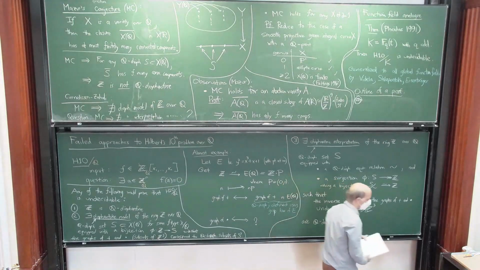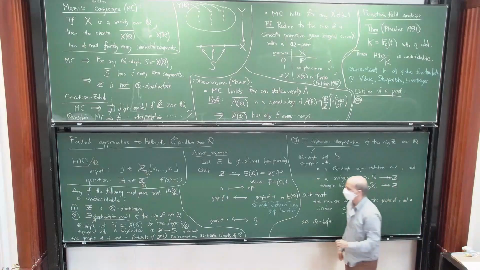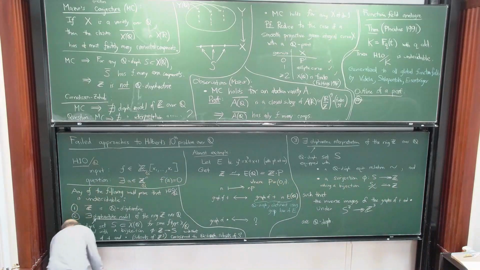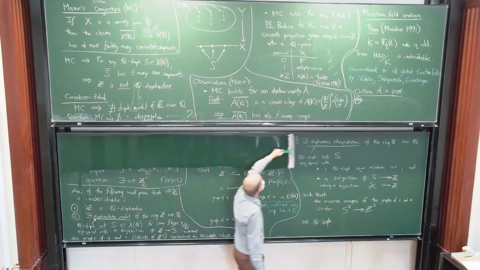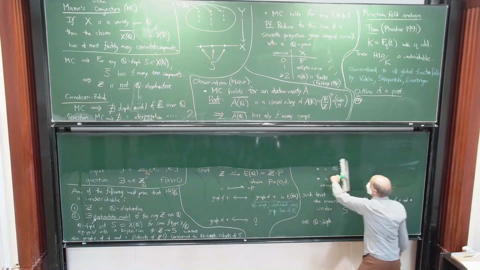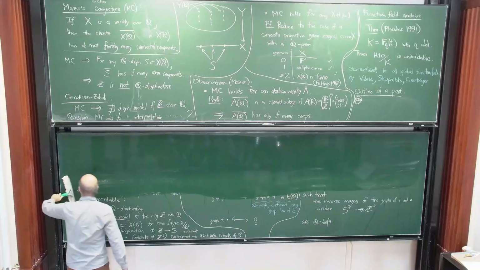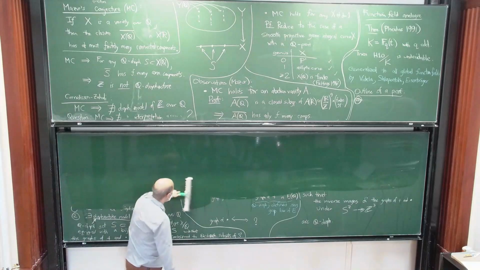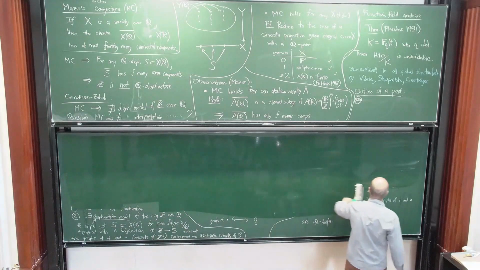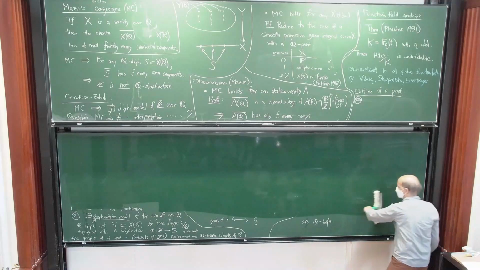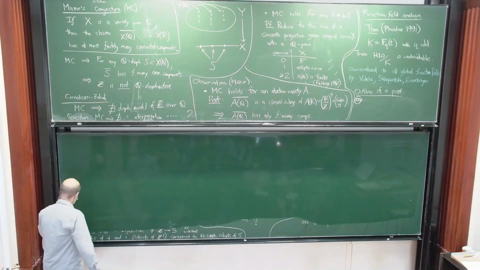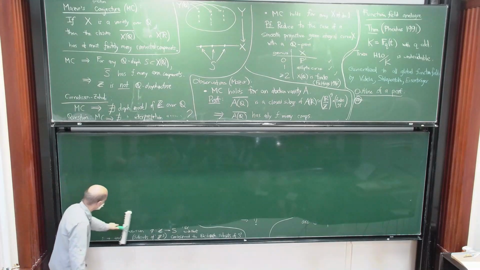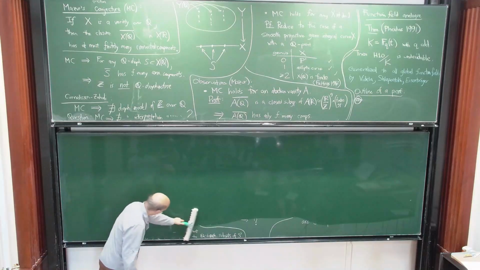But in the meantime, are there any questions? Are there specific families of surfaces for which MC is known? There are some things that are known.